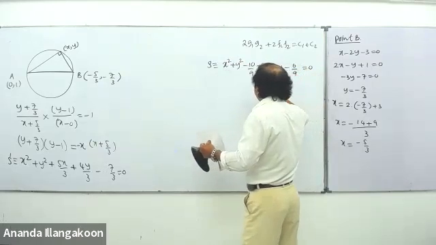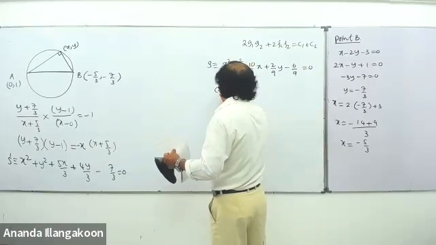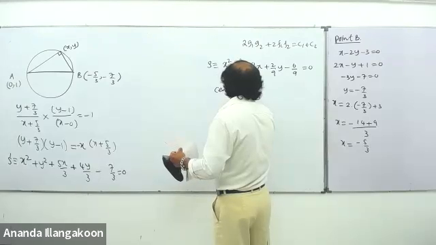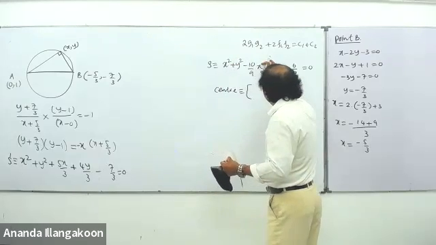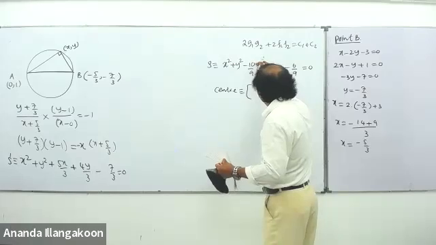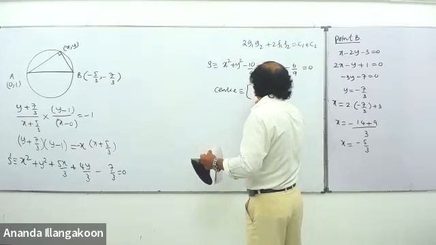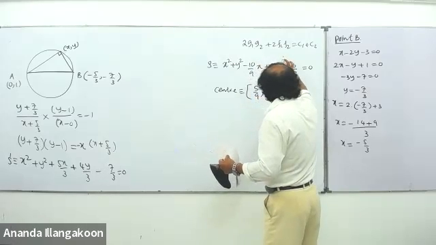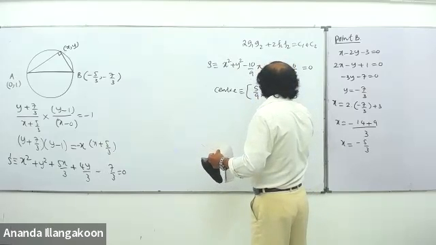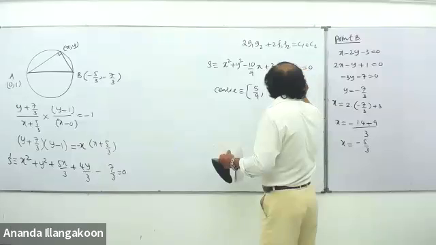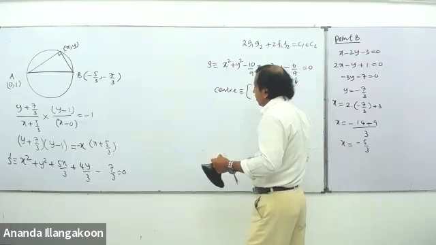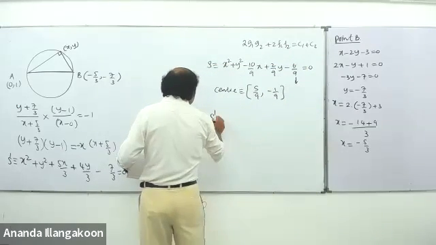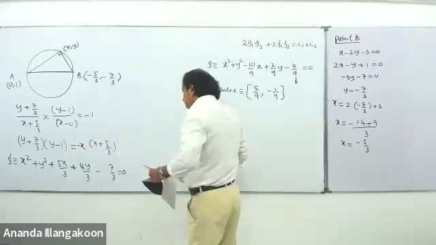Right. Here, what is the center? We told how to take the center here. Divide the x coefficient by minus 2. Then what do you get? 5 by 9. Divide the y coefficient by minus 2. Minus 1 by 9. This is the center of S. Right. S dash: this x squared plus y squared.